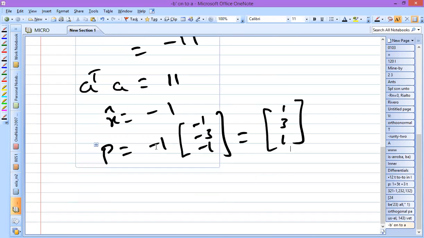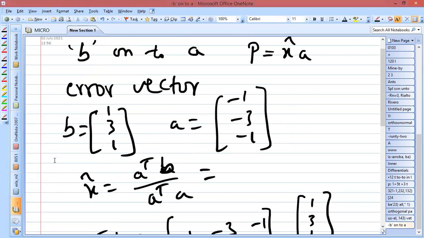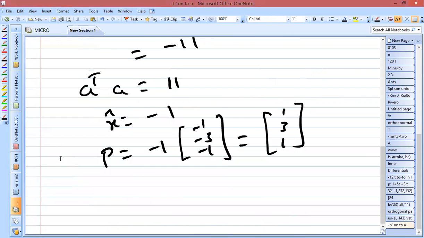When you calculated here, the projection also results in the same value as B, that is 1, 3, 1. So what should be the error vector? If both are the same, how much should the error be? 0. So the error vector should be 0.